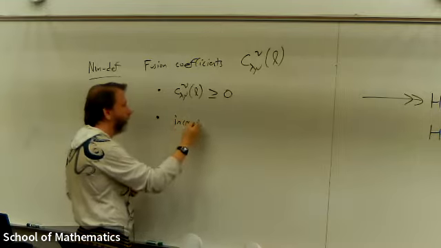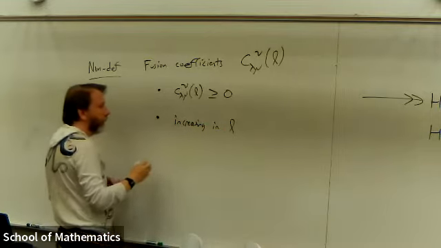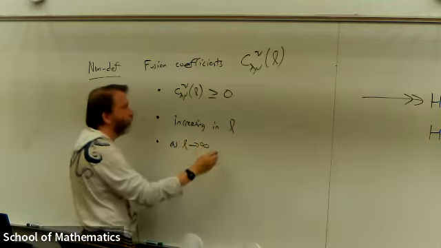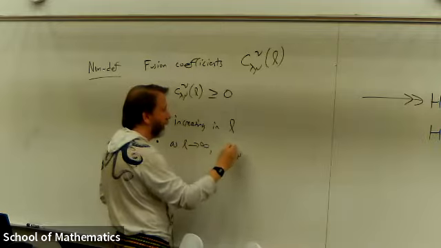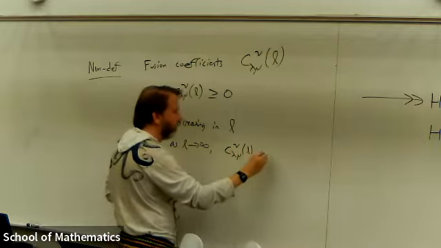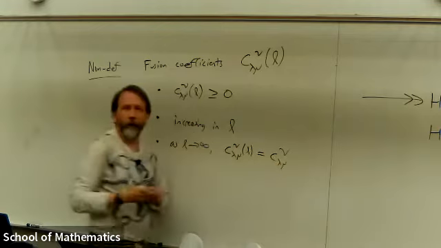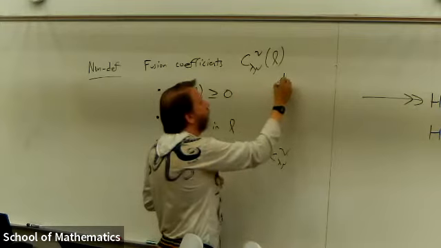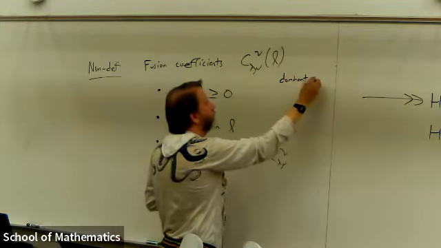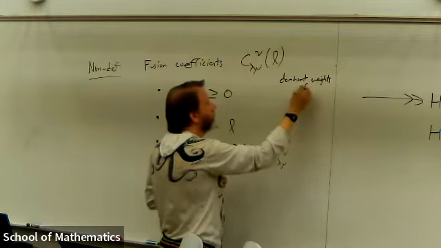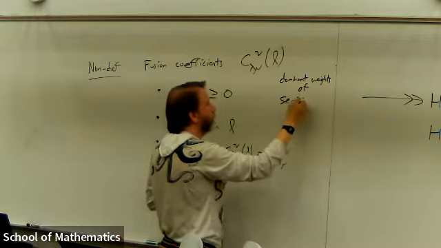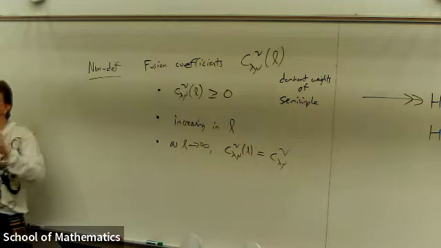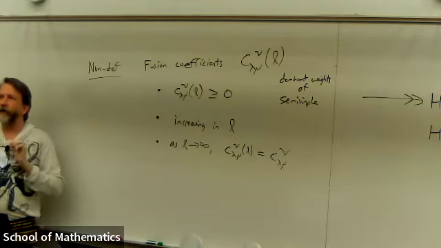These are also increasing in L, and as L goes to infinity, these are just the usual Littlewood-Richardson numbers. Okay, and these are dominant weights of some semi-simple group. I'm emphasizing that because in a moment I'm really going to want them to be from SLN, not GLN.